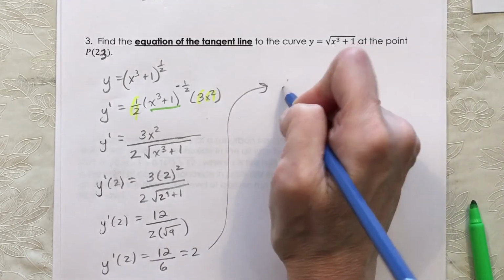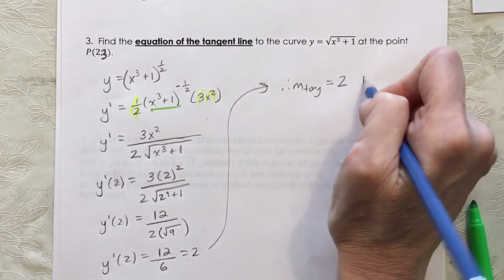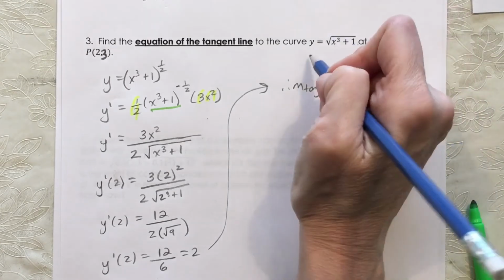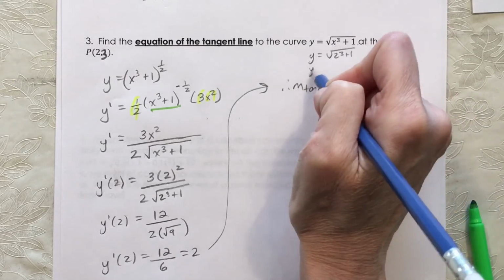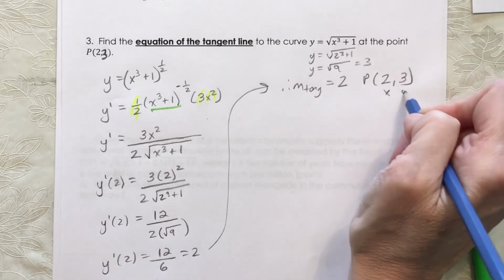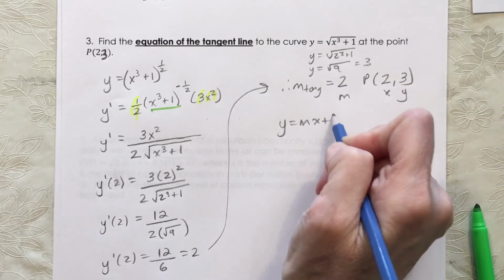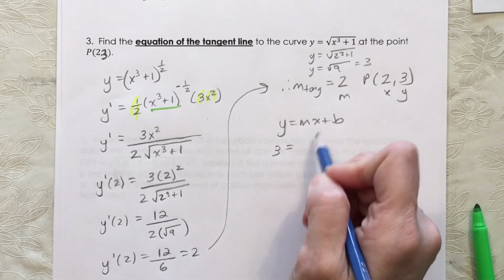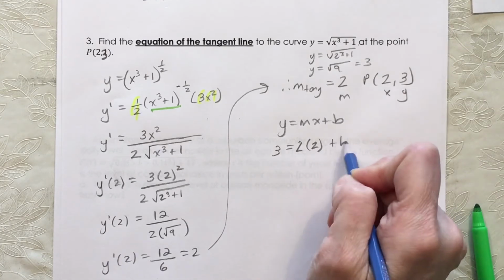So if we come up here, then we have therefore the slope of the tangent is 2, and the point is 2, 3. Because if you sub 2 in here, you get the square root of 9, which is 3. So there's my x, my y, and my m in y equals mx plus b. y is 3, m is 2, x is also 2.